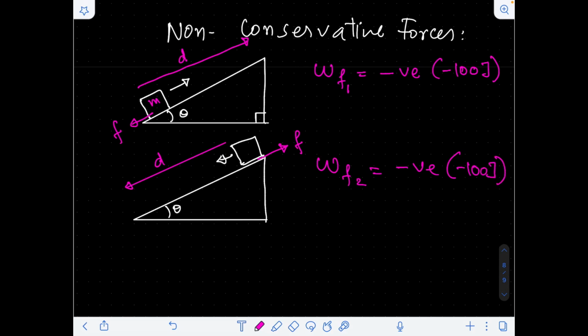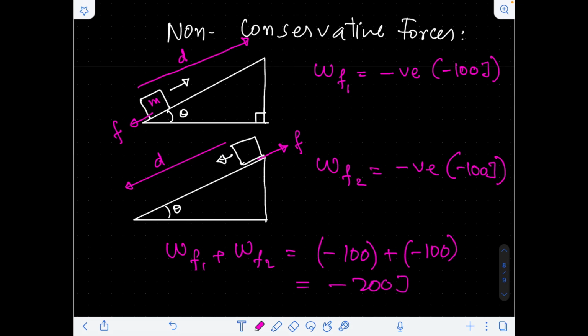So the total work done in the round trip, as the body moves up and the same displacement is covered in the downward direction, is this. The net displacement is 0, but the total work done is work done by friction 1 plus work done by friction 2, which is negative 100 and negative 100, so negative 200 joule is the work done by friction in this example.